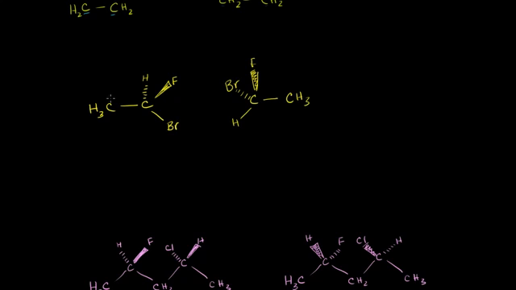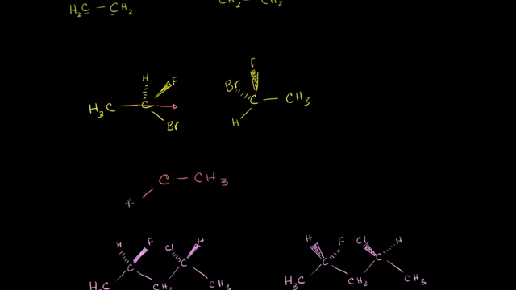Well, let me just flip it like this. So I'm going to flip out of the page, you can imagine. I'm going to take this methyl group and then put it on the right-hand side. And you can imagine I'm going to turn it so it would come out of the page and then go back down. So if I did that, what would it look like? I would have this carbon here, I would have the methyl group on that side now. And since I flipped it over, the bromine was in the plane of the page.